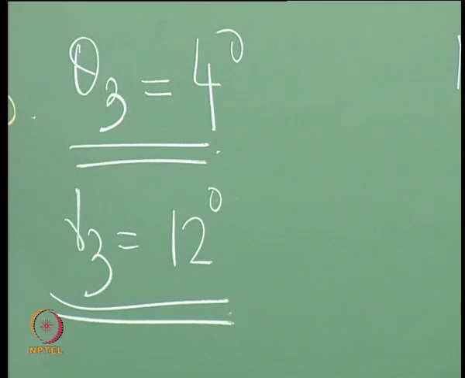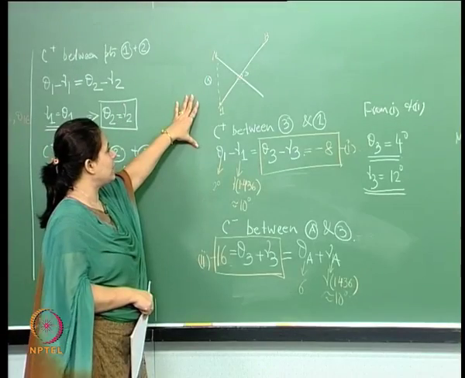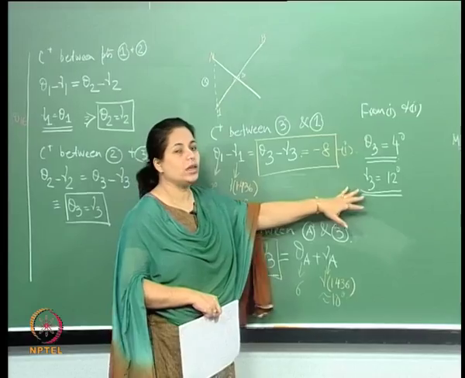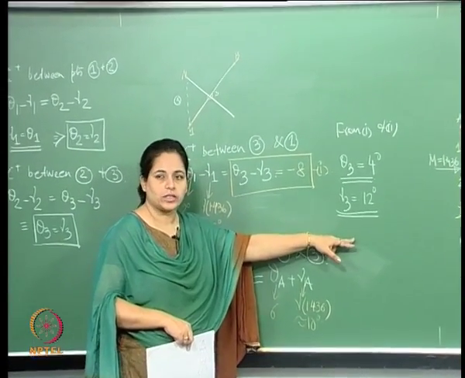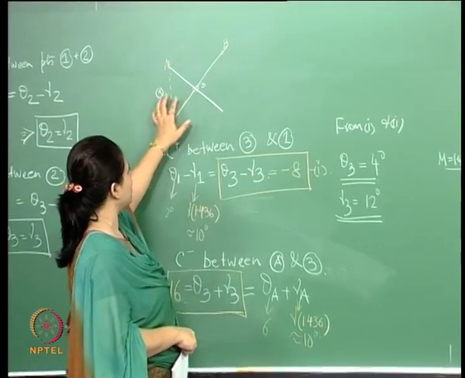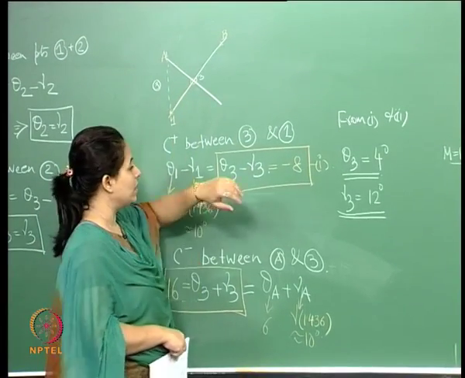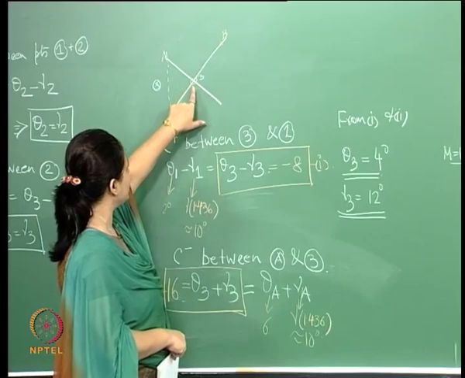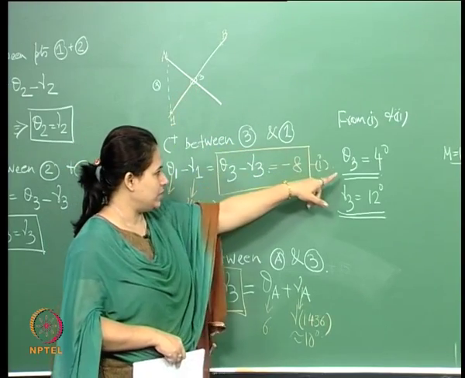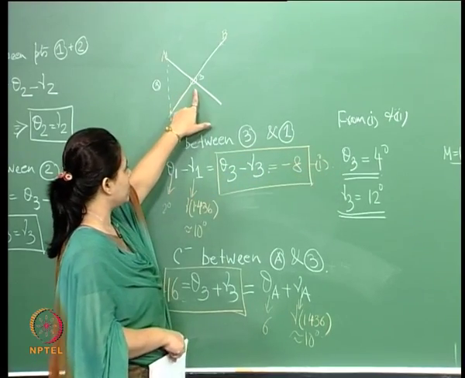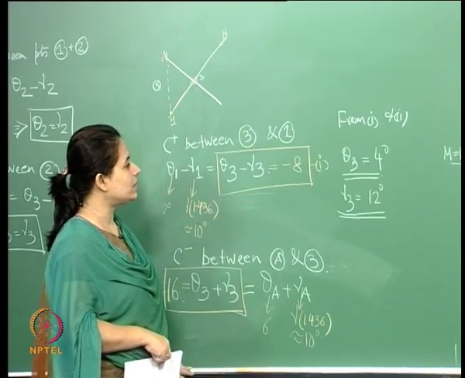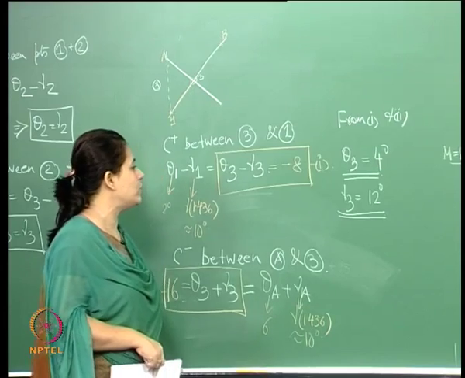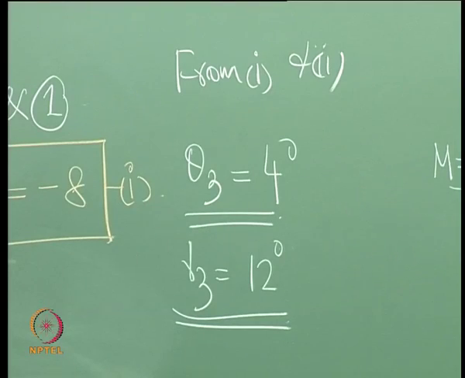So now we can find out the properties. Having known the Prandtl function, we can correspondingly find out the rest of the properties there. So theta 3 is 4 and mu 3 is 12, right.